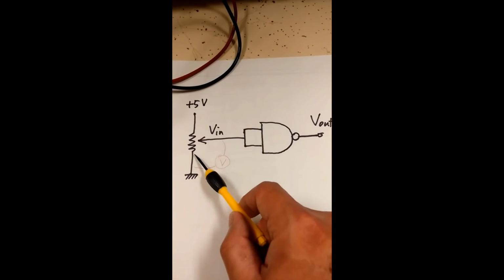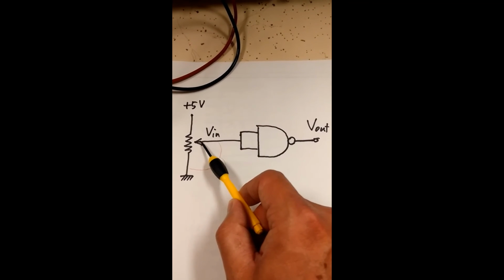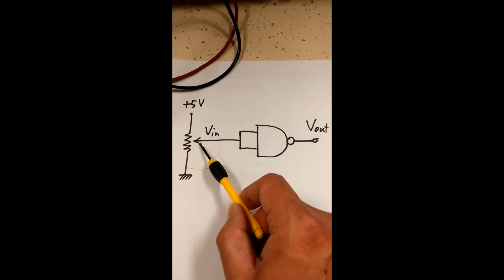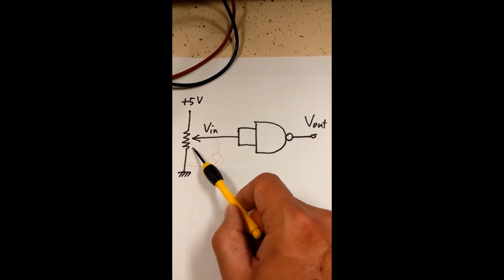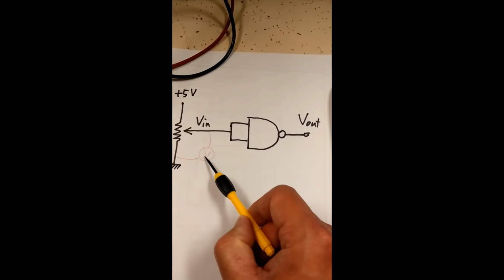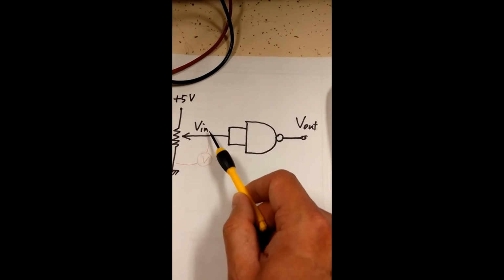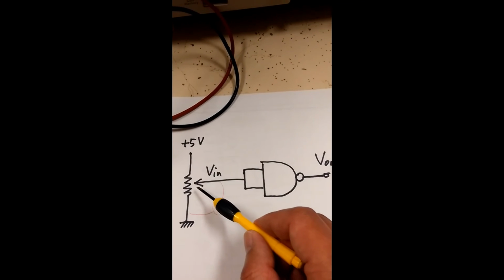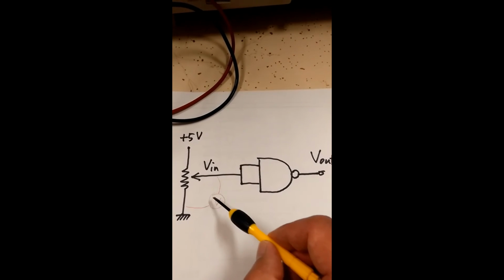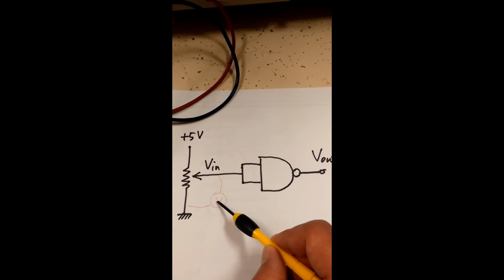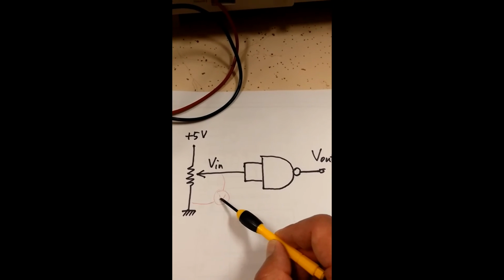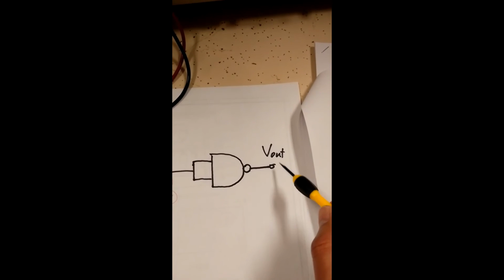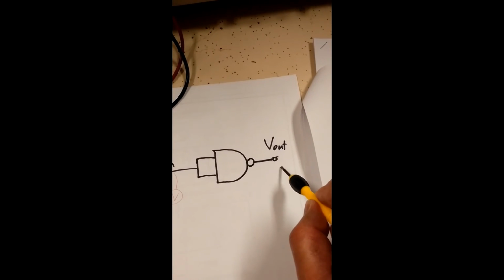So you have this pot, and then you wire this wiper. So first you start with the wiper here, means the voltage drop is 0 for V in, close to 0. All right, and then you have to increase the V in until you see there is a change for the output.